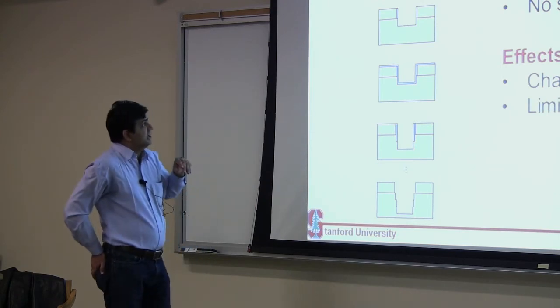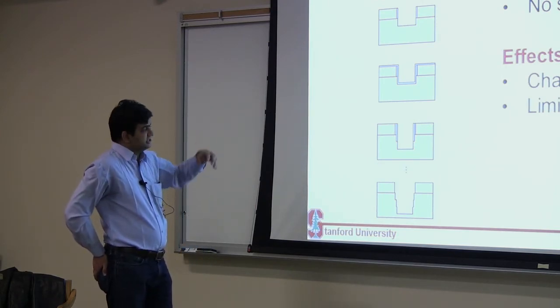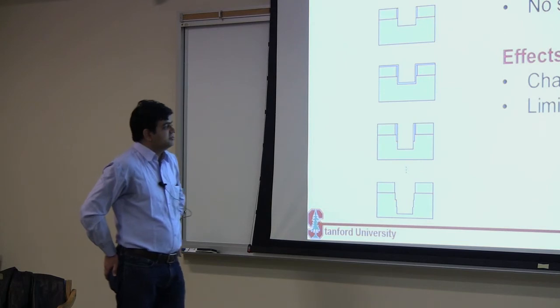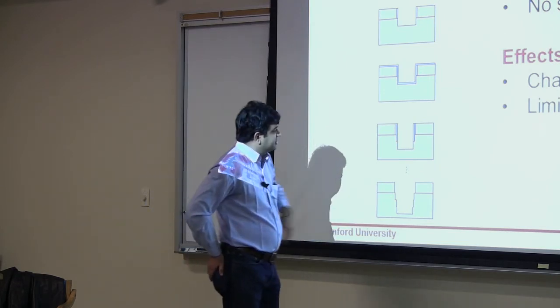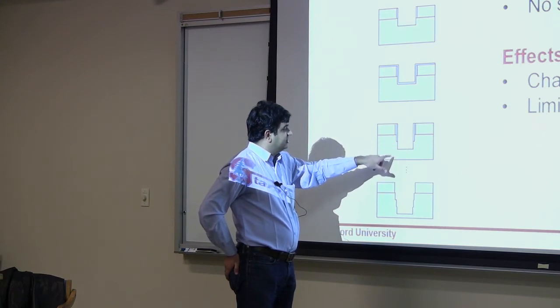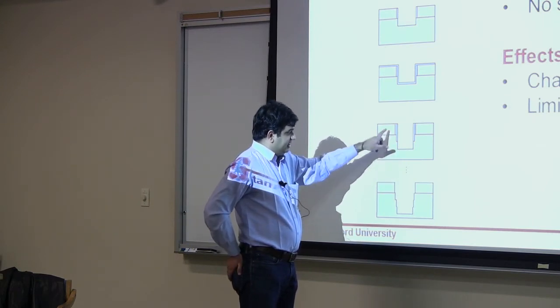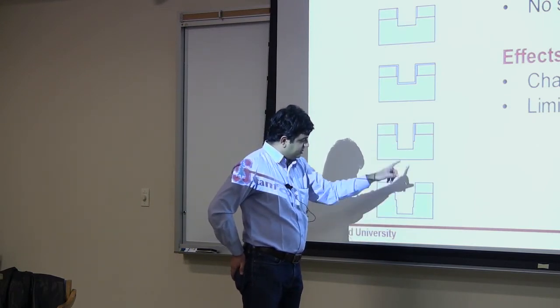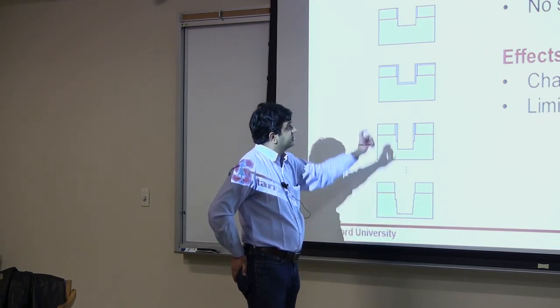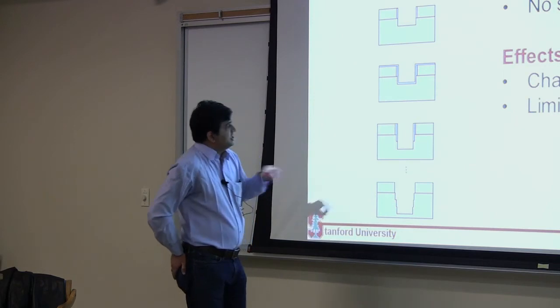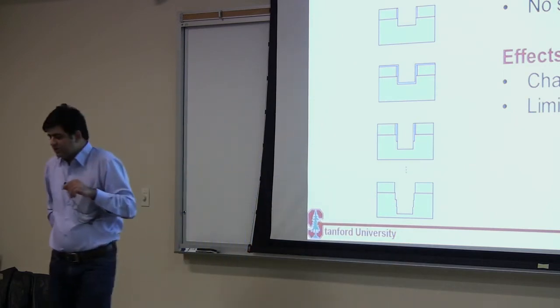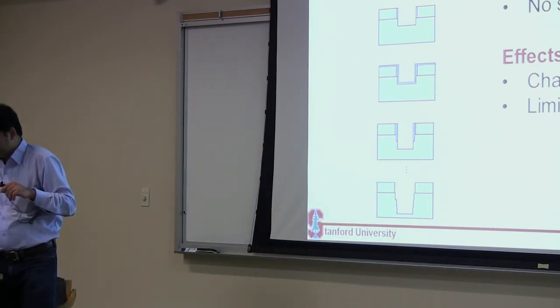A few things happen when you're etching structures with this much of an aspect ratio, especially if you're etching a dielectric film. There will be charges building up here, and they cause this etch profile to become more like a V shape. Also, the other problem is that you get limited flux when you go to higher depth.